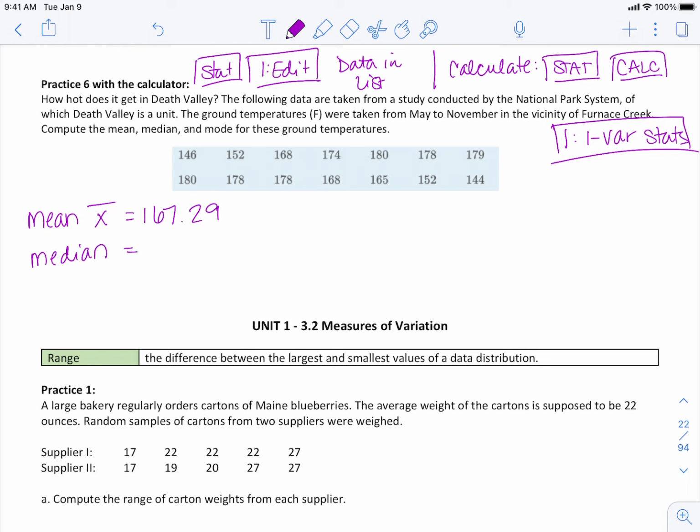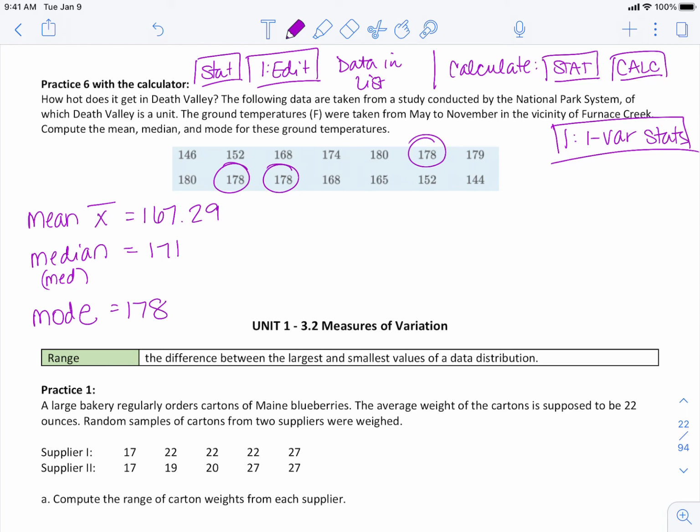If we scroll down, it'll say MED in the calculator. And the median is 171. Our mode, we have to get from looking at our list. So our mode is going to be 178, because there are 3 of those.